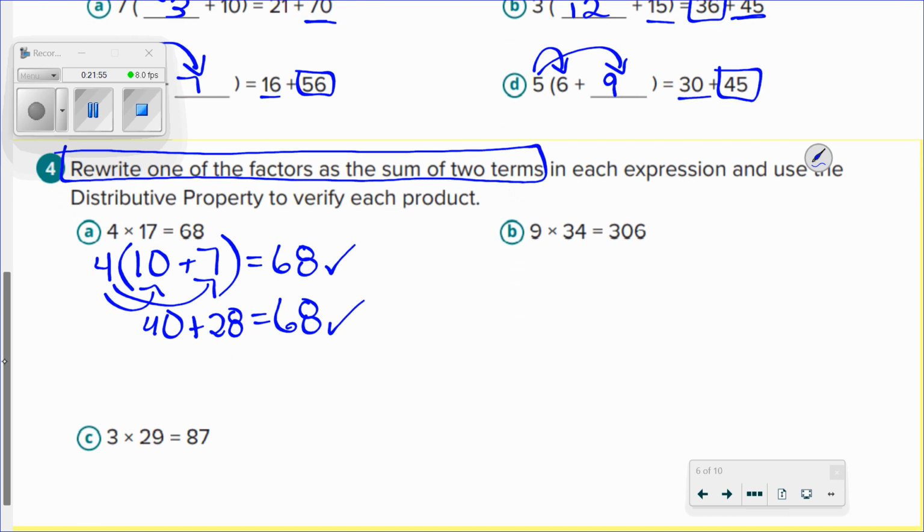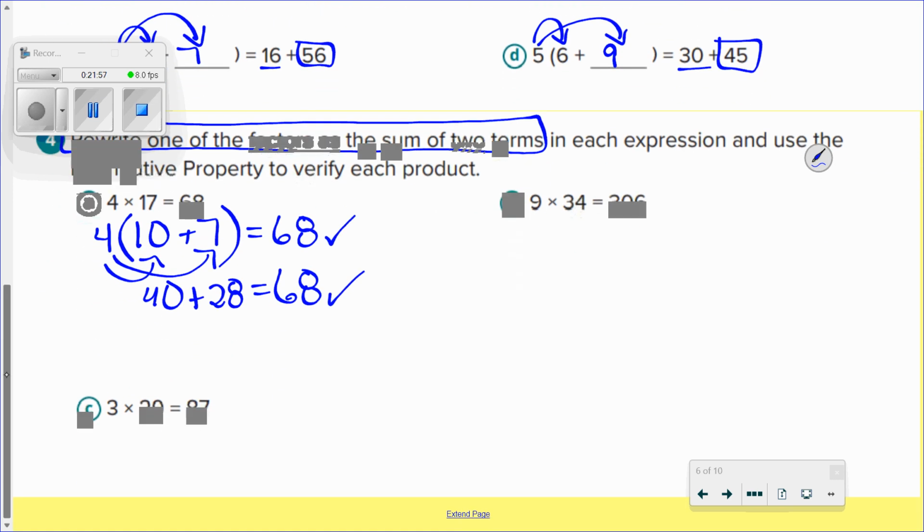All right, B. I need to rewrite this using the distributive property. So what am I going to be multiplying by? 9. So 9 is going on the outside of my parentheses. And how can I break up that 34 into easy pieces? Good job. 30 plus 4.